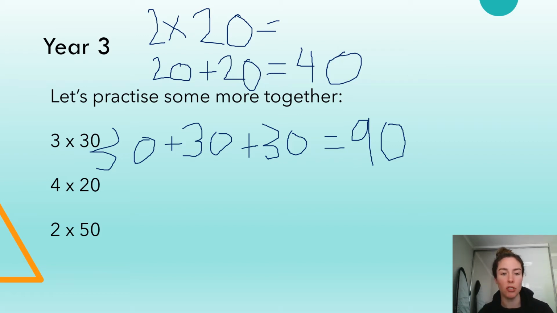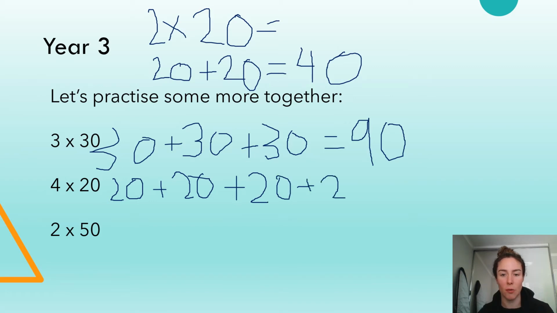I want you to pause your video and write down the repeated addition that you think the answer is, and then I'm going to explain it. So 4 times 20, as repeated addition, is 20 plus 20 plus 20 plus 20 equals.